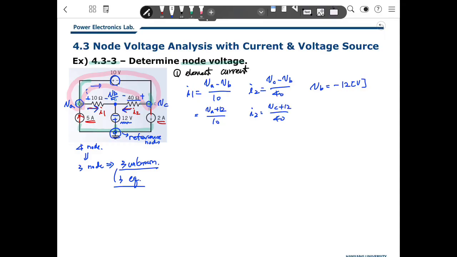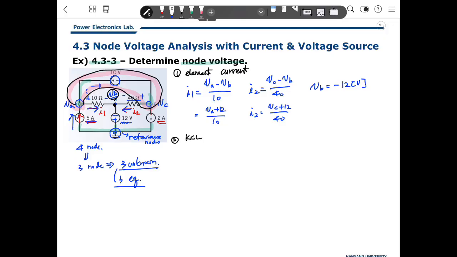Then what should we do next? Next is KCL at every node. How many nodes are there? Actually, we don't need to get the node equation based on VB. Why? We already know VB. So the remaining node is the supernode here. So what is the current going into the supernode?